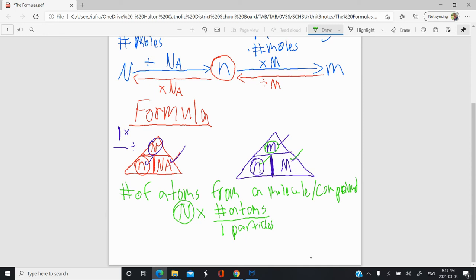So if you had the total number of atoms, and you want to find the number of particles, you would multiply that by one particle over the number of atoms present in the compound.